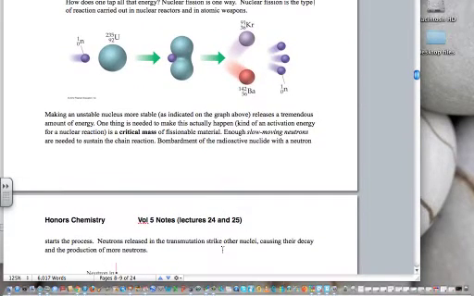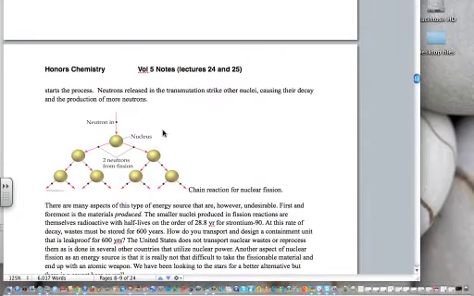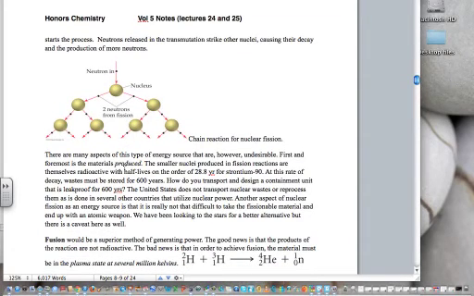Bombardment of the radioactive nuclide with a neutron starts the process, but you have to have enough of the radioactive substance in order to sustain a chain reaction. So this is a depiction of a chain reaction. You hit one nucleus with a neutron that's moving rather fast. It produces additional slower moving neutrons that hit more nuclei, and it builds from there. So it's great, you get a lot of energy out of it.